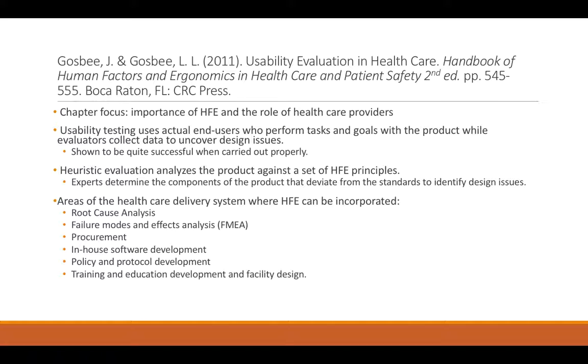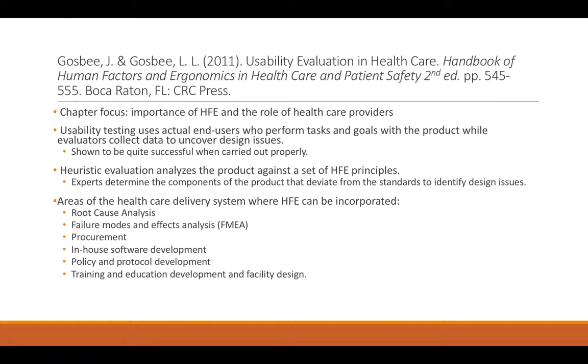The authors identified 7 areas of the healthcare delivery system where human factor evaluations can be incorporated to promote patient safety activities. The areas that they identified are root cause analysis, failure modes and effects analysis, procurement, in-house software development, policy and protocol development, training and education, and facility design, which encompasses a large part of a hospital or a healthcare delivery system.